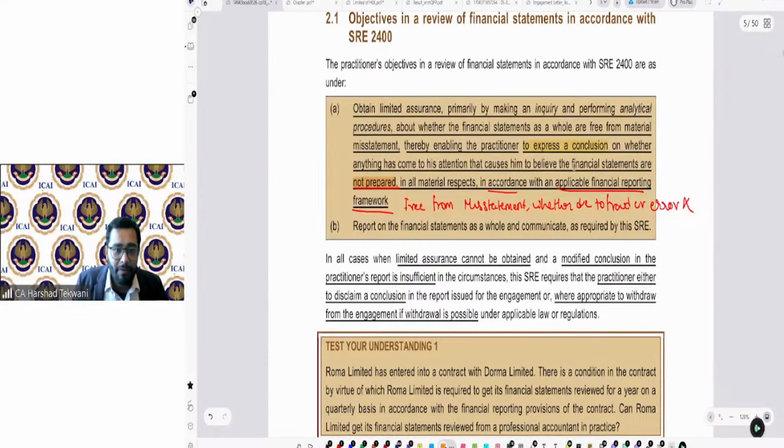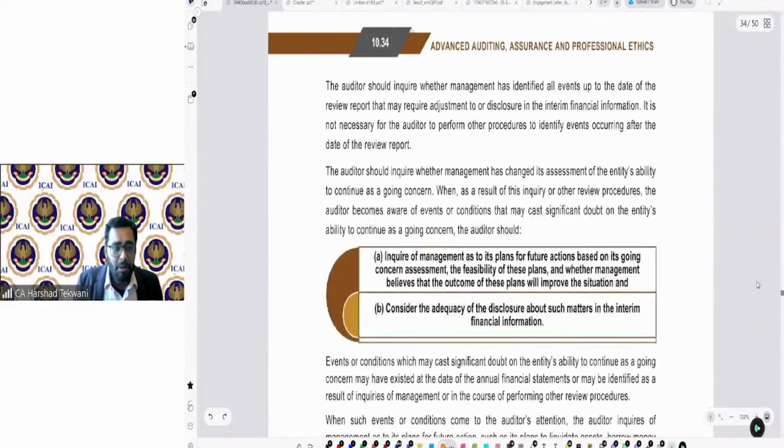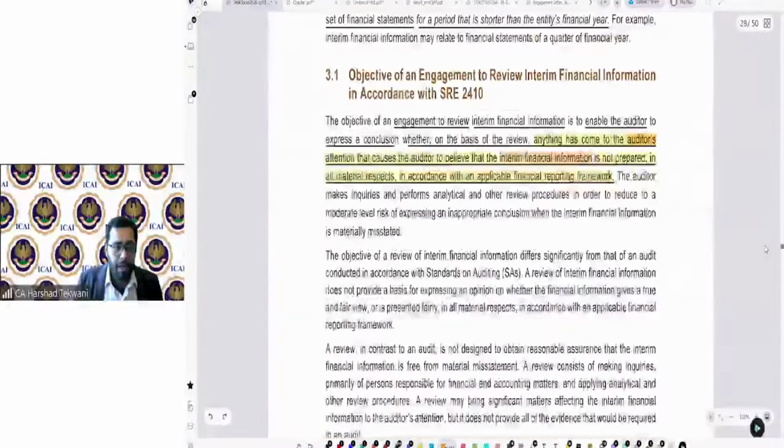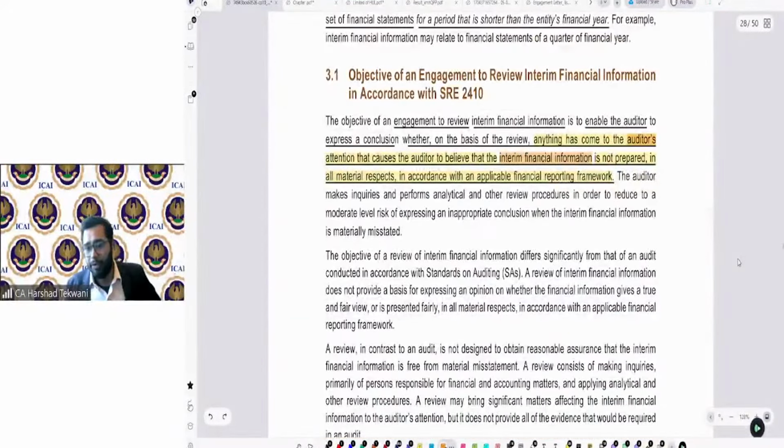So the words financial statements and practitioner are there. In 2410, these two words change to auditor and interim financial information. Rest everything is the same.